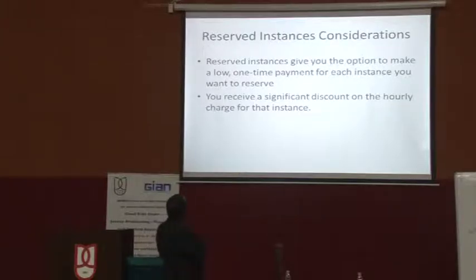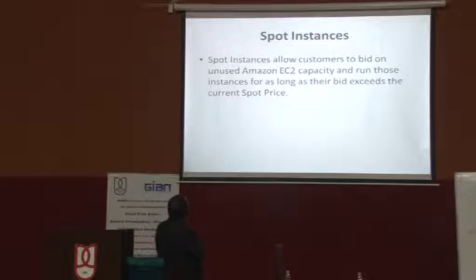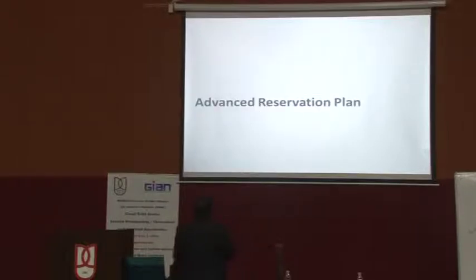Reservation is you reserve an instance for 1 year or 3 years, one-time payment for each instance you want to reserve, and you receive a lot of discount. A spot instance is what is hot now in research areas, but there is a lot of issues with it as well. We will talk about this later on. I will start with advanced reservation planning.